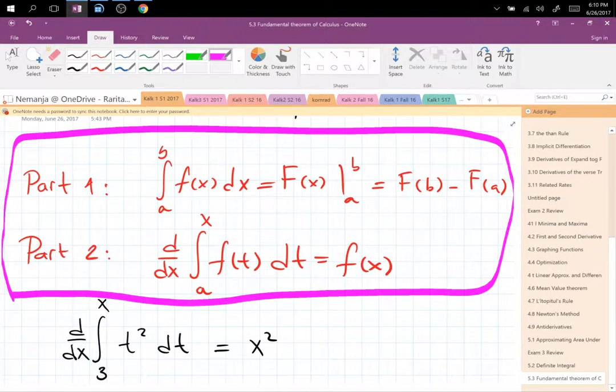And then in part 2, you also have this formula which shows that integrals and derivatives are fundamentally opposite of each other, which means that one undoes the other, and that formula summarizes all of that.